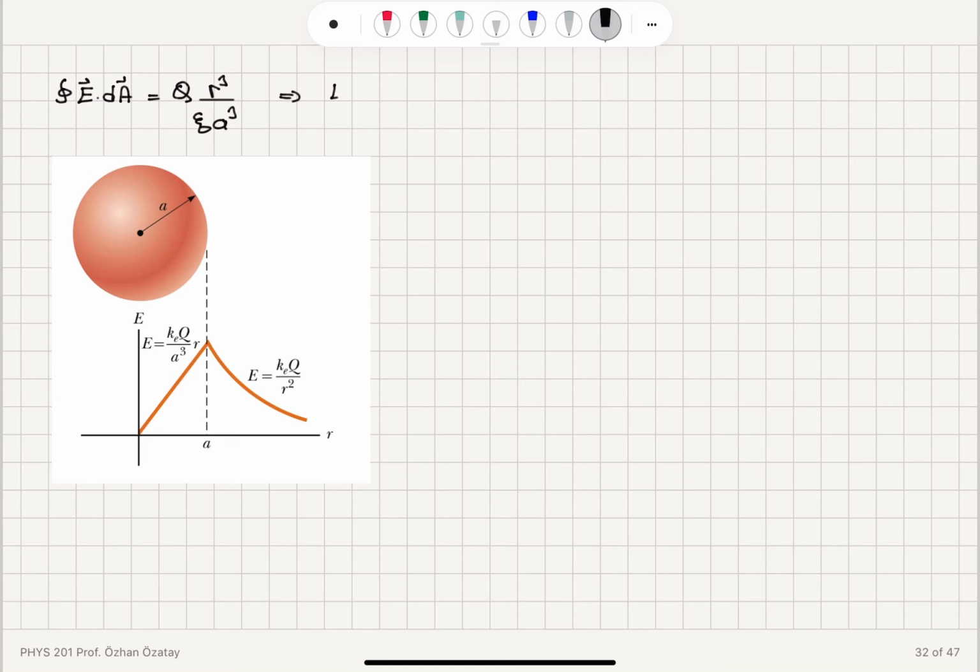This gives me E times 4 pi r squared, that's the flux, equal to q times r cubed over epsilon 0 a cubed. The r squared gets rid of this cube, so this becomes an r. Therefore, I find that the electric field for r less than a is equal to 1 over 4 pi epsilon 0, which is Coulomb's constant k, so k q r divided by a cubed in the r hat direction.